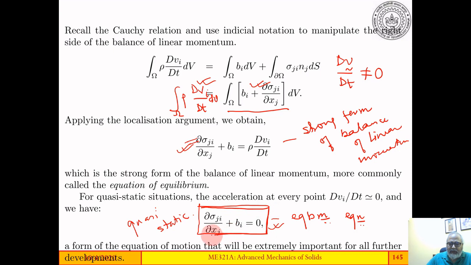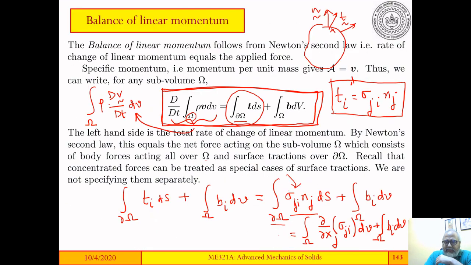The right hand side will always be equal to 0. So this is my equilibrium equation, which is the strong form of the balance of linear momentum, and the weak form is here. Okay, so there's one more balance law that we need to do, and we do that in the next lecture.